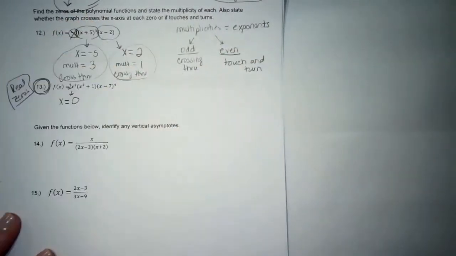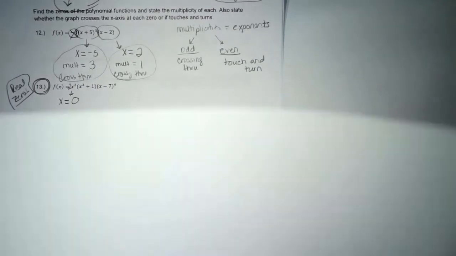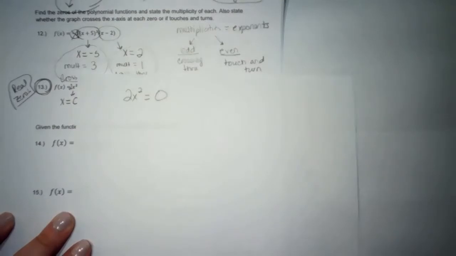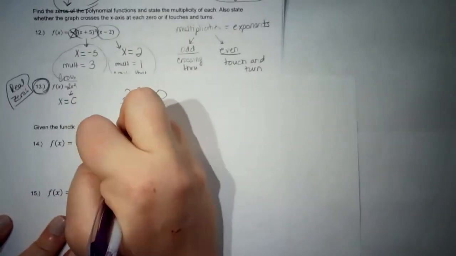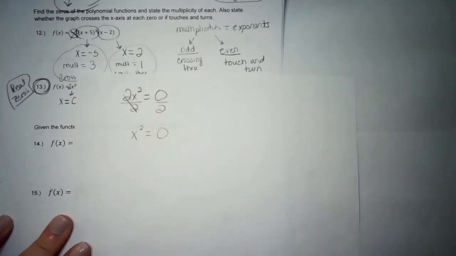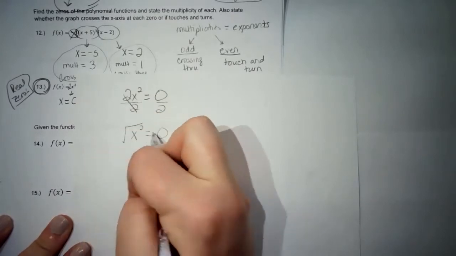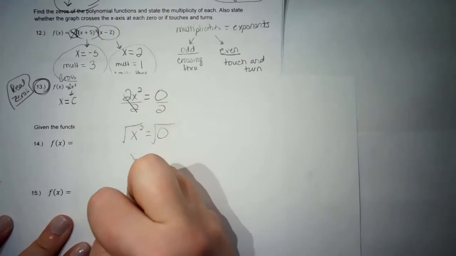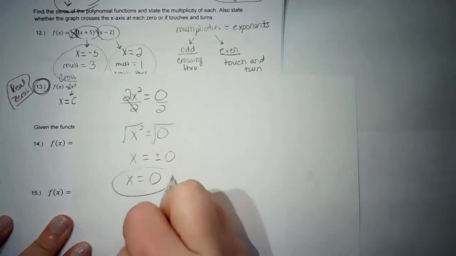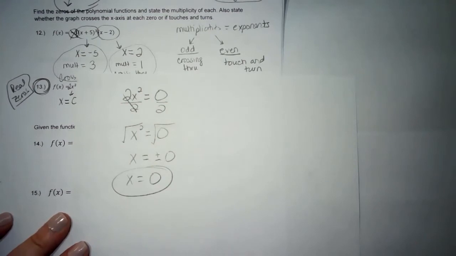If you want to see the math on that, because that looks a little strange, let's say we have 2x squared. I set it equal to 0. I divide by 2, still 0. I take the square root of each side. Well, plus or minus 0 is just 0. And that's why you end up with a 0.